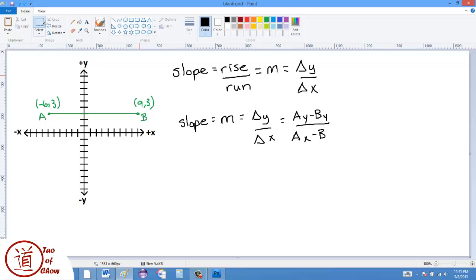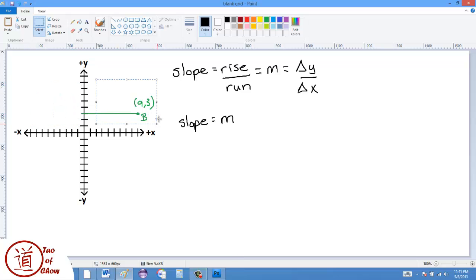Let's go back here and we'll talk about a different type of example. Let's go to the vertical line. If I had a vertical line, let's say one going from about here to here, it doesn't really matter if it's exact or not.